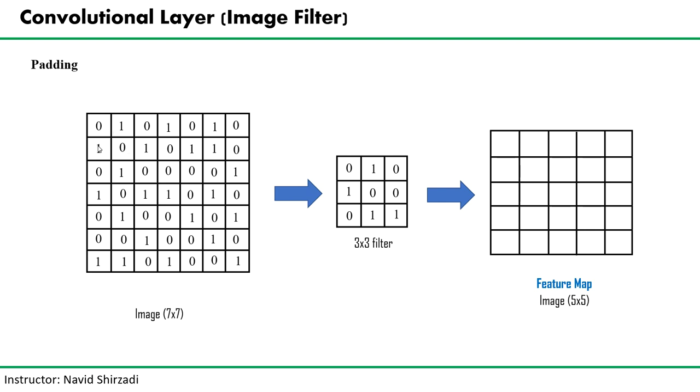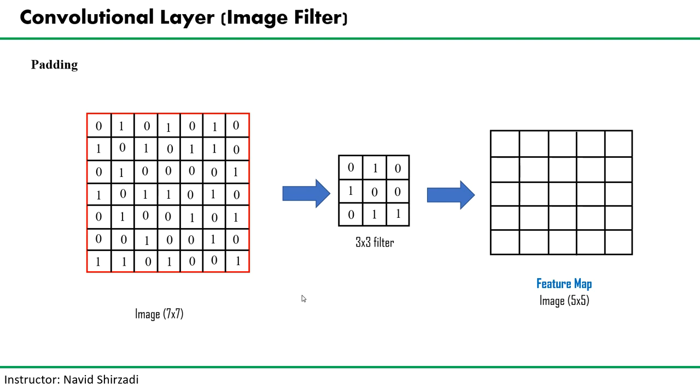So we want to increase the chance of the pixels in these areas, and there's also another reason for doing padding, and it's having the same spatial dimension of the feature map compared to the image. We want, for example, our feature map to be in the same dimension as our image. So that's why we are adding padding.